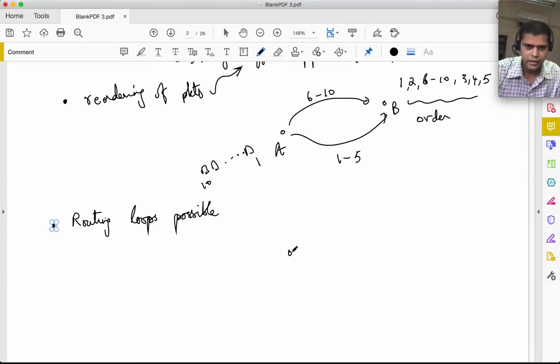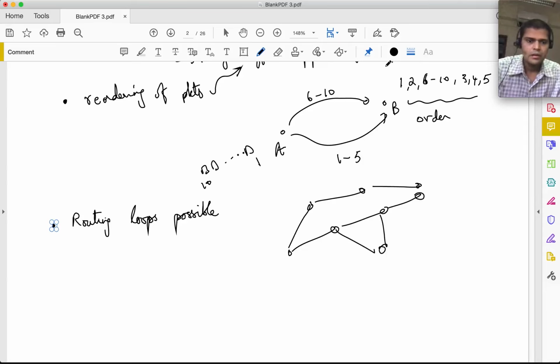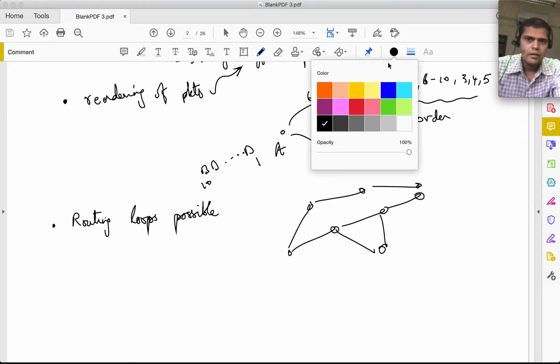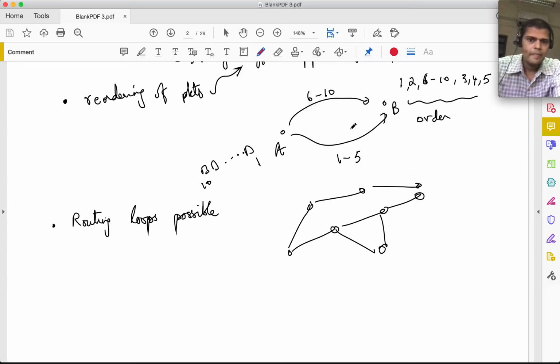But if you have a large network, let's say something like this, maybe this particular node thinks that this is the shortest path all the way to this other node.